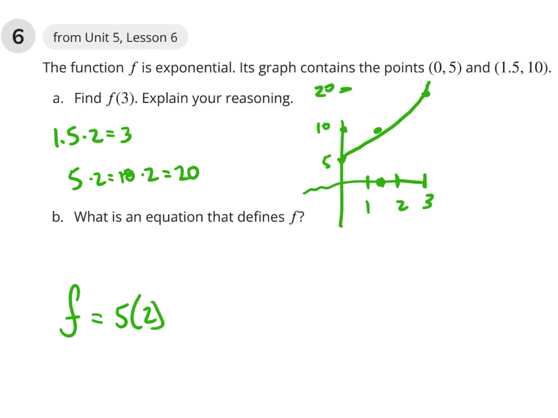Now, we could do a lot of things with the rate here. Since it's doubling every 1.5, we're just going to put x over 1.5. That'll be the easiest way to write this.